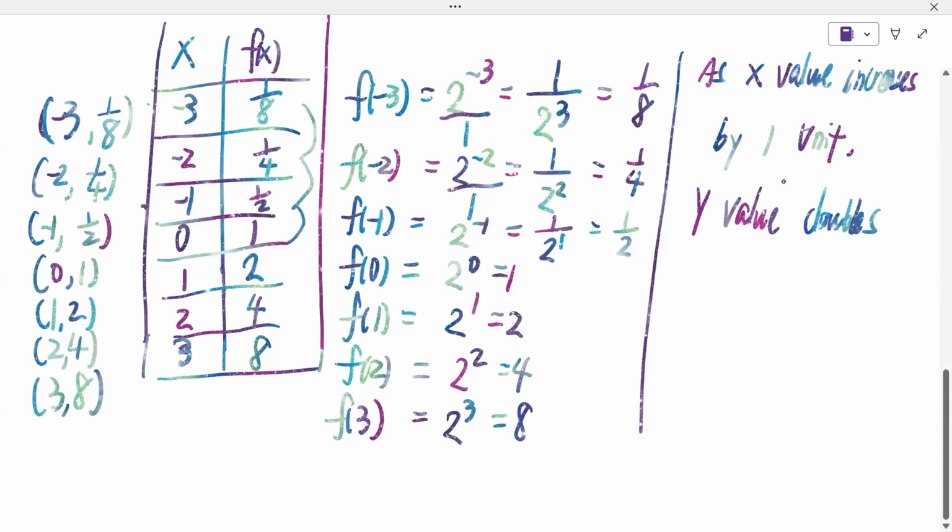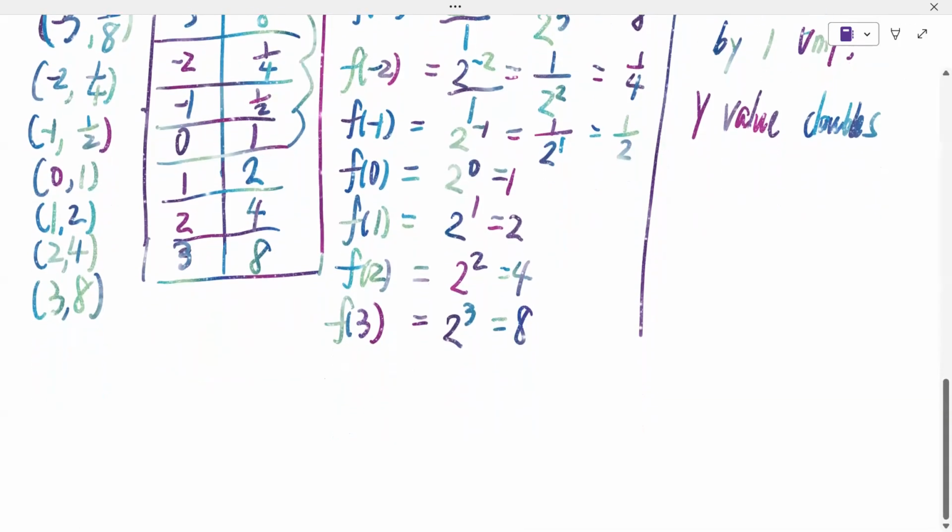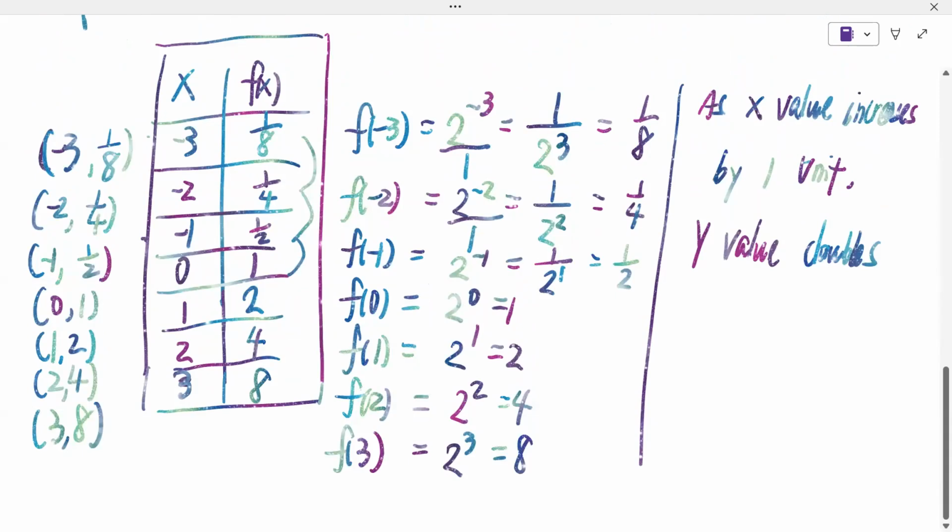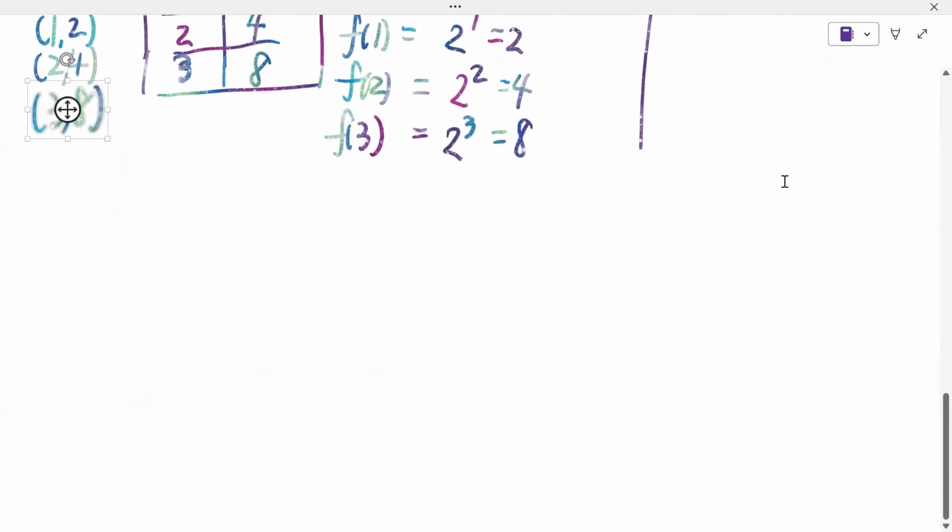Now we're gonna sketch the graph, but before we do that, we're gonna look at all the y values, all the x values. We want to make sure we have enough points to cover this, right? So I'll put it underneath it. So here, the maximum y value is going to be 8.